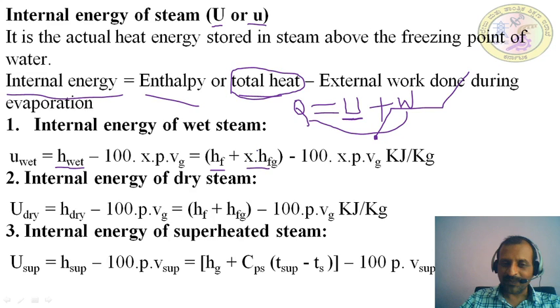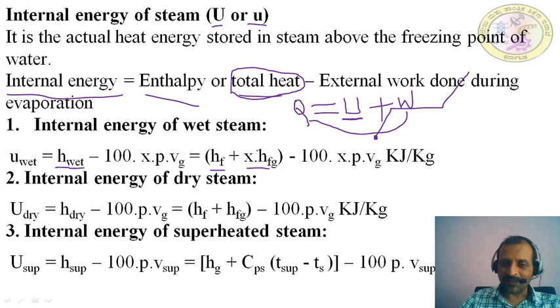Hg is the enthalpy of dry saturated steam, and if you add the superheat to it, it gives the enthalpy of superheated steam, the total amount of heat. If you subtract the work done, 100 PV sup, it gives the internal energy of the superheated steam.